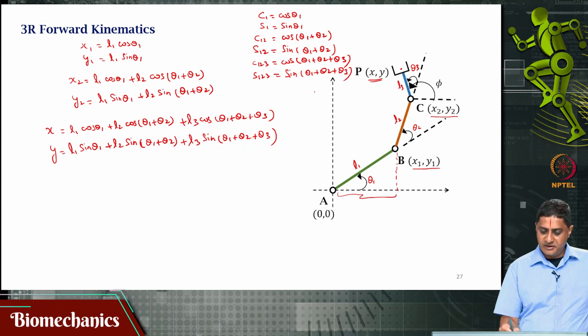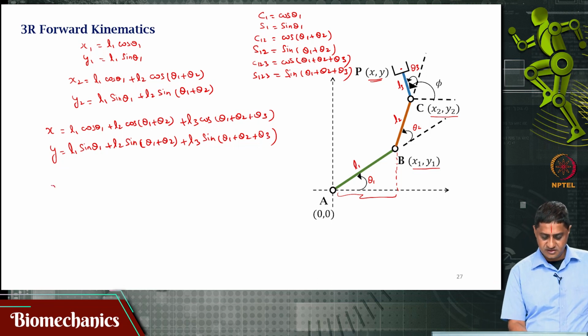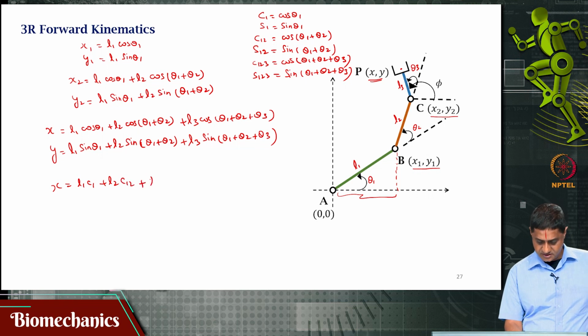By substituting for C1 S1, C12 S12, C123 S123, we get x as L1 C1 plus L2 C12 plus L3 C123.